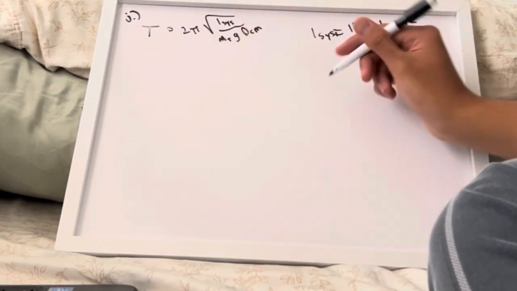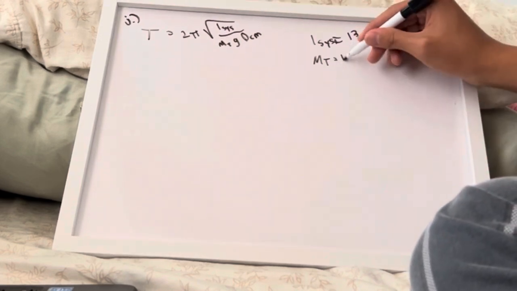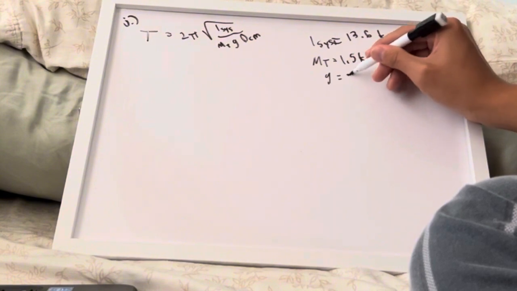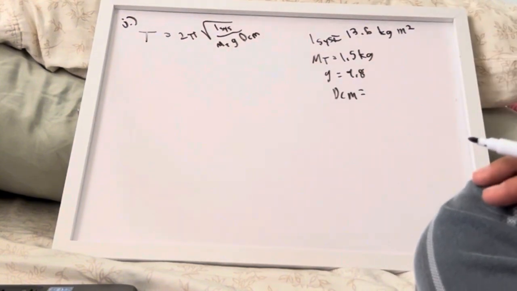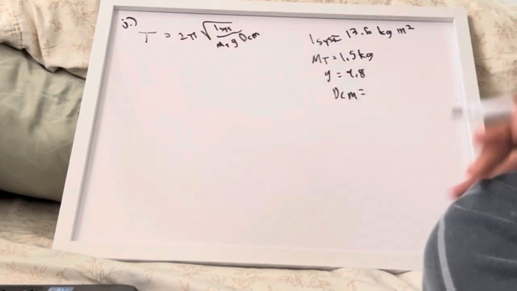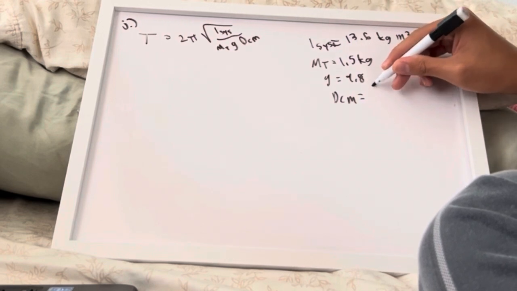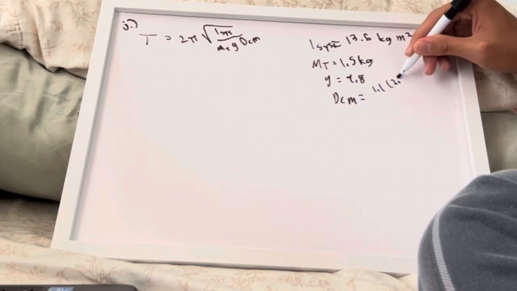And this M total is going to be equal to 1.5 kilograms, because it's going to be that new rod block system. g is our constant 9.8. And the distance from the center of mass is the only thing we really need to think about. You have the mass of the rod, and its center of mass is going to be halfway down, so 2.5 meters.